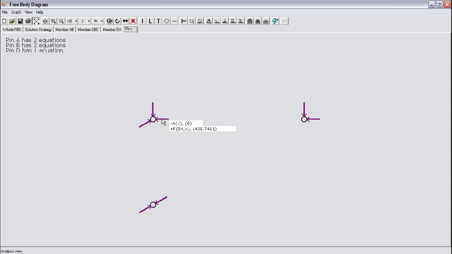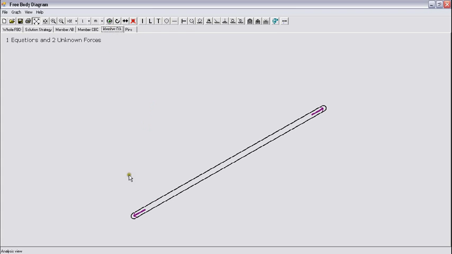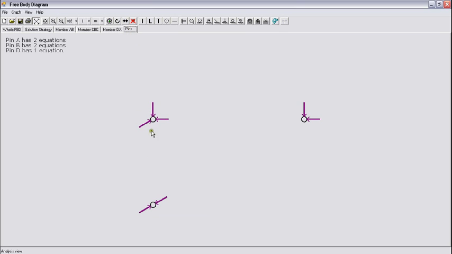In addition, we have AX which is coming from the support, we have AY which is coming from the support, and the F2A which is coming from member DA. So you will notice that at this pin, it's not a simple statement of Newton's third law, but way more than that.